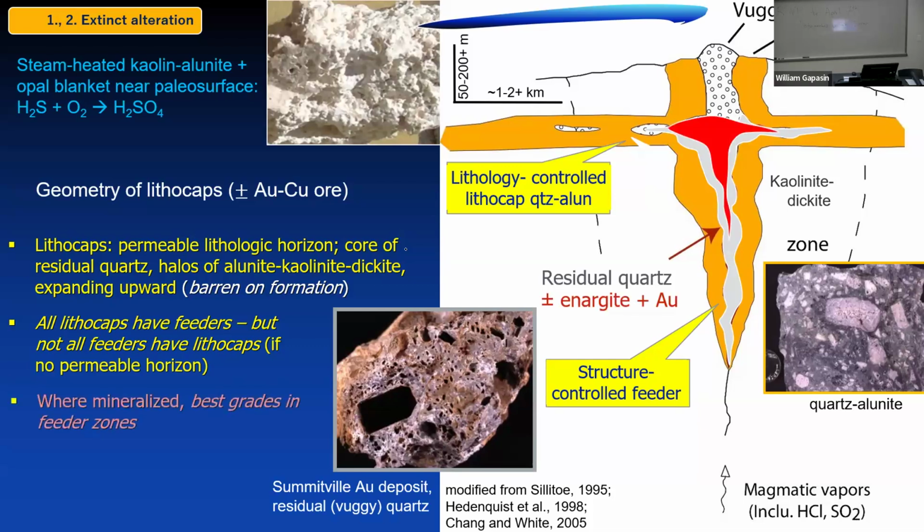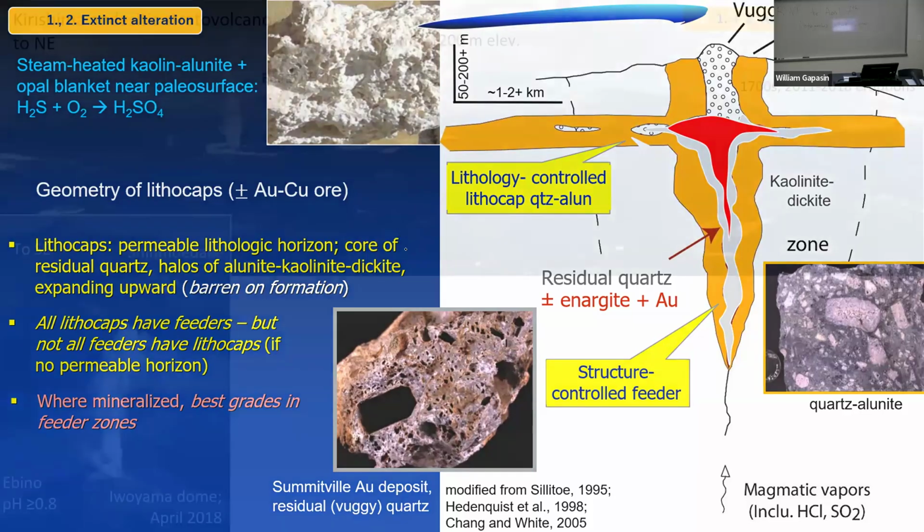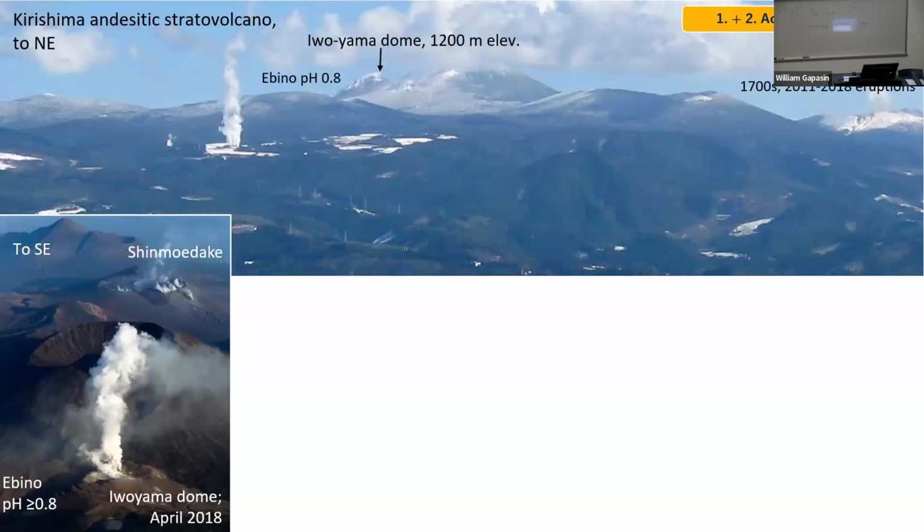The one thing about this, the hypogene alteration is barren. This is the muscovite stage, the muscovite overprint stage of the porphyry that brings the metals in, may bring the metals into the lithocap.